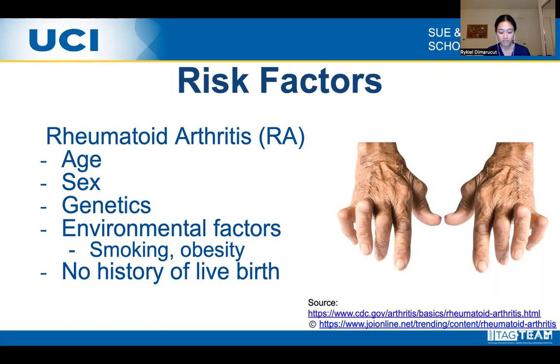Genetics also plays a role in the development of rheumatoid arthritis. Some people with a gene known as human leukocyte antigen, or HLA, are more likely to develop rheumatoid arthritis. Children whose mothers were smokers or those who were exposed to environmental factors will also have an increased risk for developing RA. In women, risk is increased for those who have not given birth.